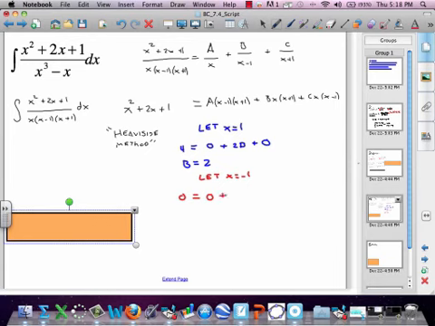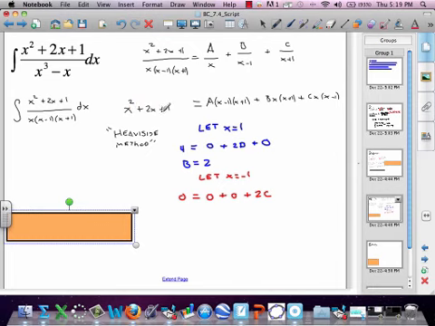The guy with the b's is still 0 this time. And now the guy with the c's is going to be, let's see here, c times -1 times -2. Let's double check that here. -1 minus 2 is -2 times the -1 is 2c. That becomes a 0, that becomes a 0, and this becomes a 0.